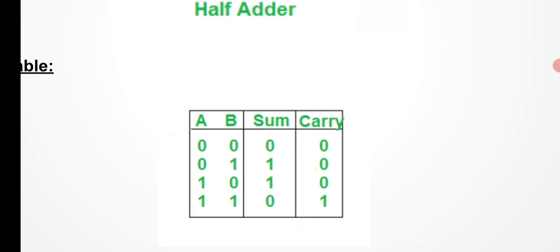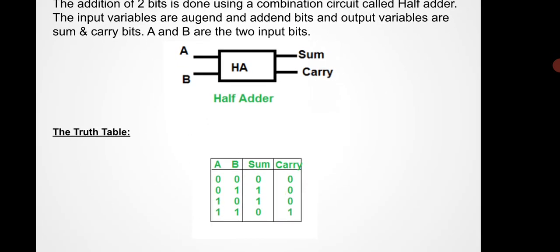When you add 0 and 1, the sum is 1, you don't have carry. When you add 1 and 0, the sum is 1 and you don't have carry. But when you add 1 and 1, sum is 0, but you have 1 carry. So the carry position is 1, and the output will be 0 for sum and 1 for carry.